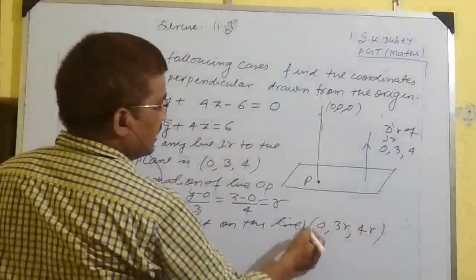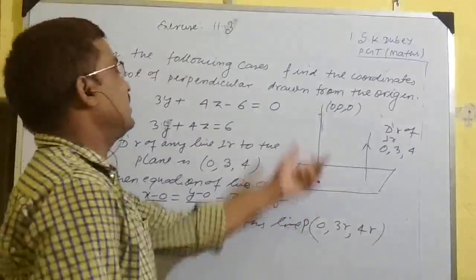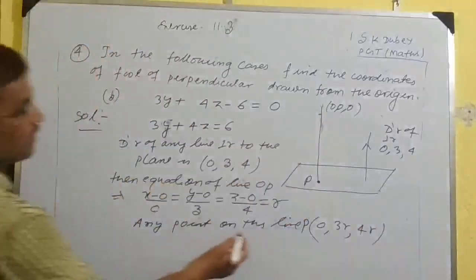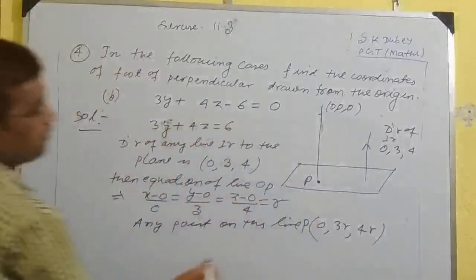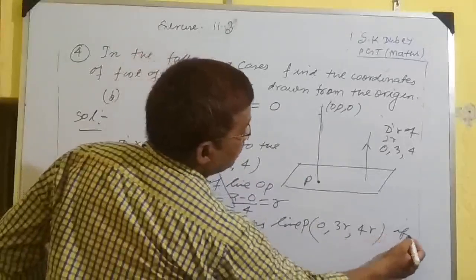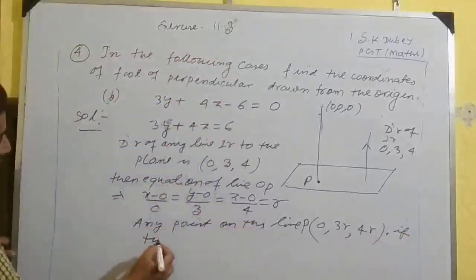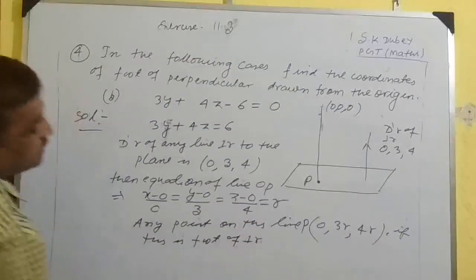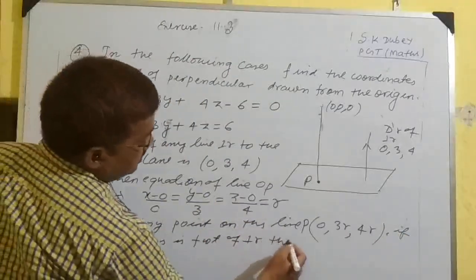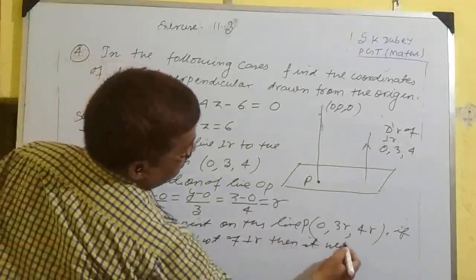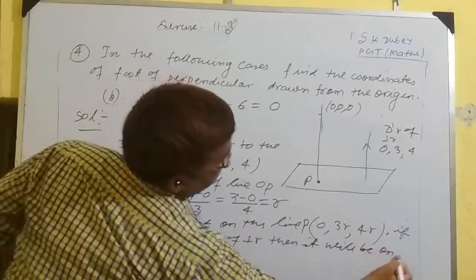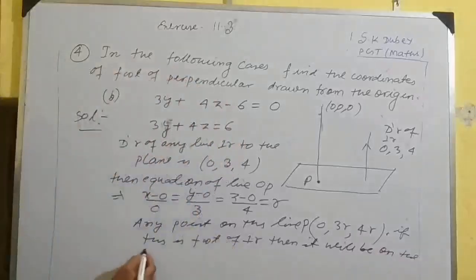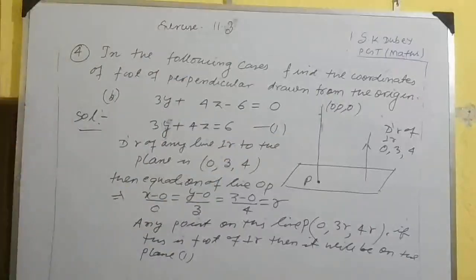If this is point P, then this P will lie on the plane, and the equation of plane is given. If this is the foot of perpendicular, then it will be on the plane, and it will satisfy the given equation of plane.